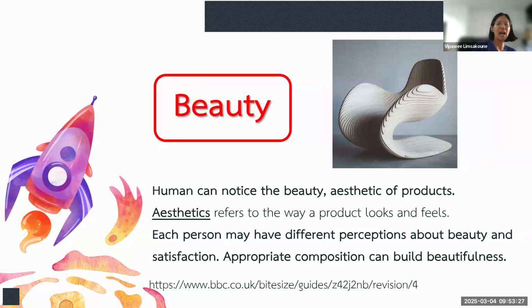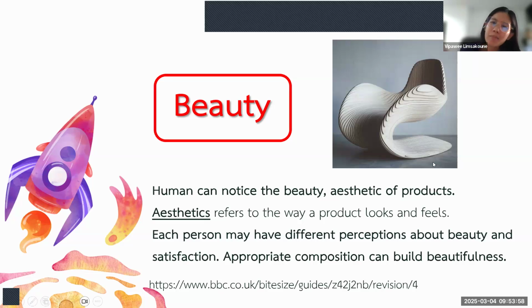Beauty. As humans, we notice the aesthetic beauty of products. It refers to the way a product looks and feels. Each person may have a different perception about beauty and satisfaction. Appropriate composition can build beautifulness. Sometimes they do a survey as well, to see the overall feeling of beauty of the product.